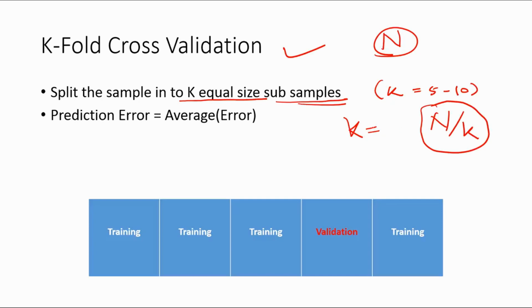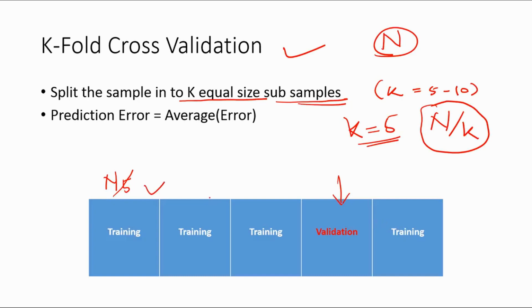Say for instance k equal to 5. So what you do is that you divide the entire sample into 5 subsamples, each having n upon 5 data points. And you take one of the subsamples as the validation set and the remaining 4 as the training set, like the way we have done here.